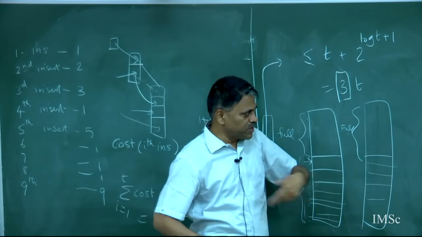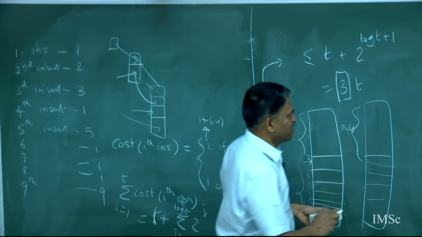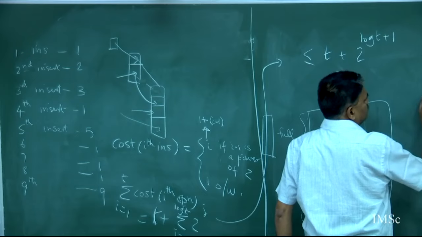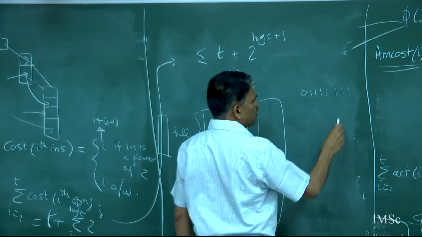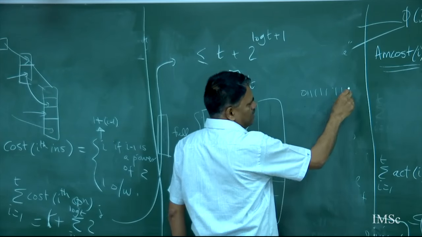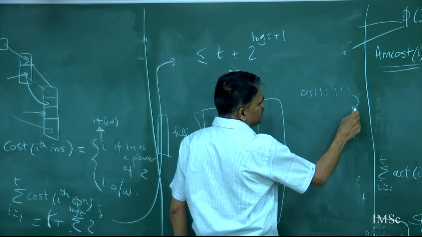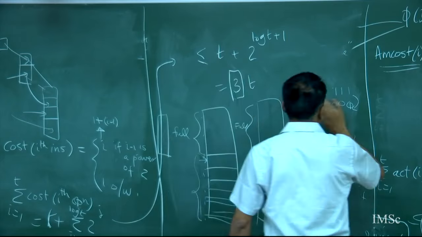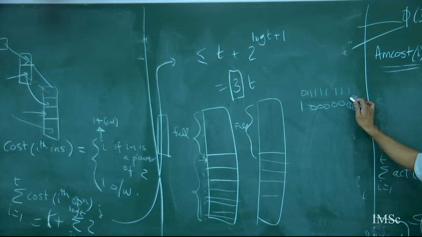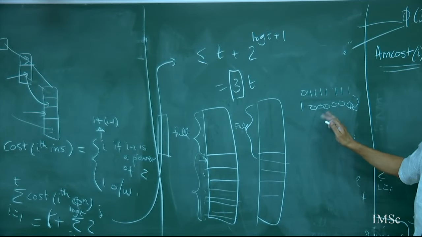So when an expensive operation happens, potential is wiped out, right? Like for example, if this is the insertion you are doing, then everyone had a charge, but after this expensive operation, all these charges are wiped out. Okay? Only this element now has a potential.